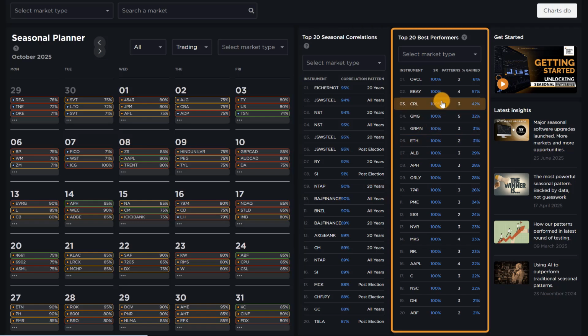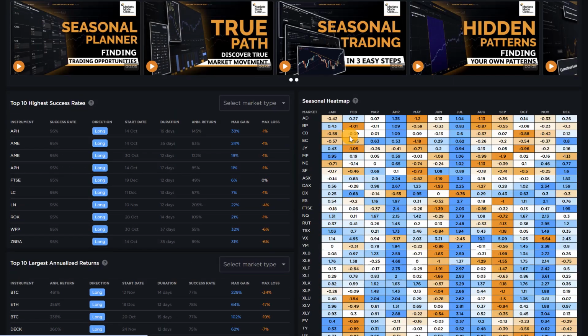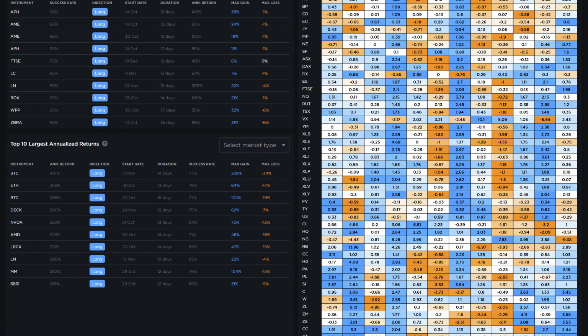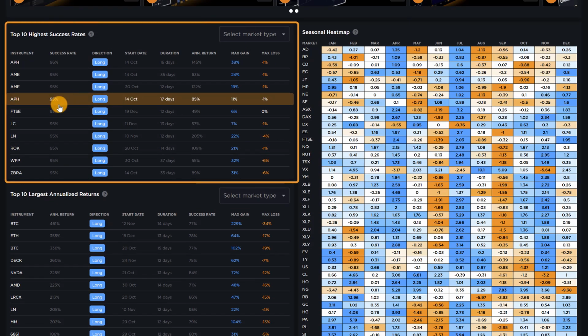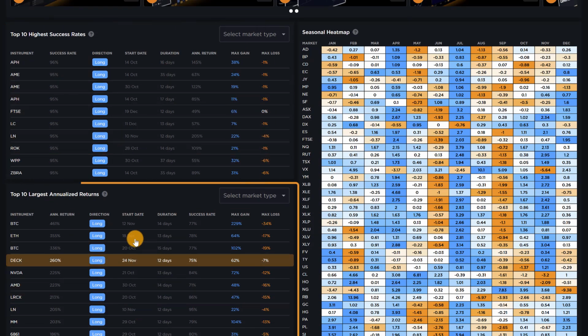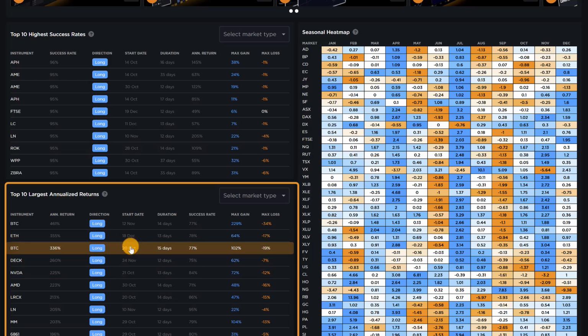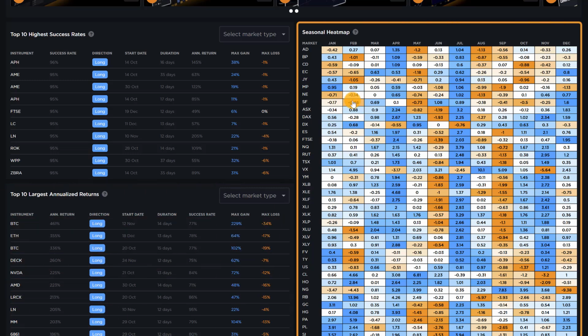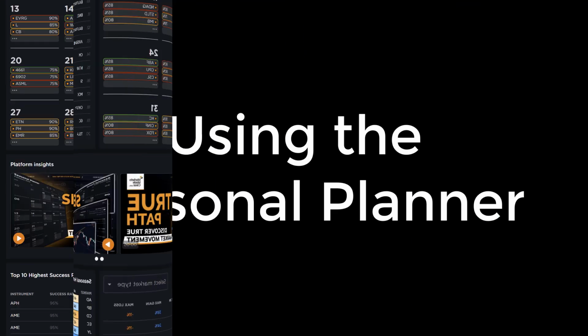Third, we have our top 20 best performing seasonal markets currently at this point. Fourth and fifth, we have our top 10 highest success rate patterns, followed then by our top 10 largest annualized returns. And lastly, we have our heat map, which can be used as a high level method to identify the patterns of each market throughout the year, but we'll come back to that in a second.